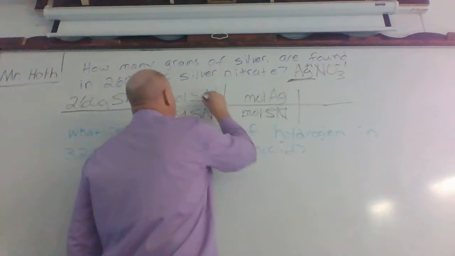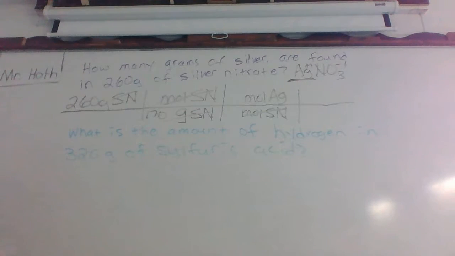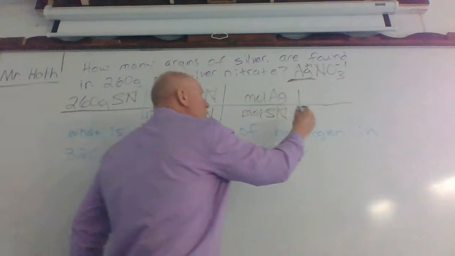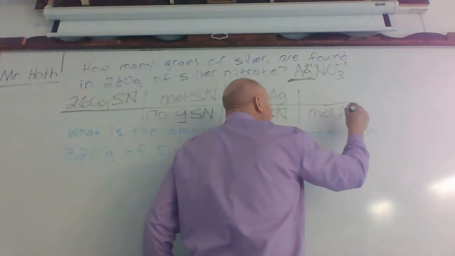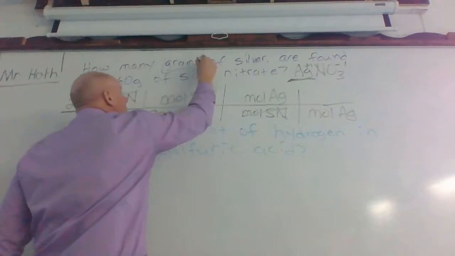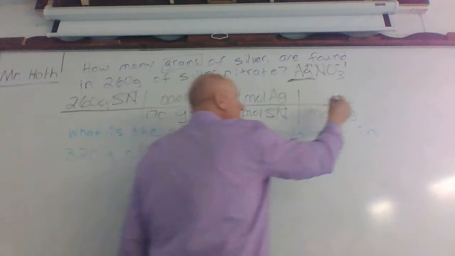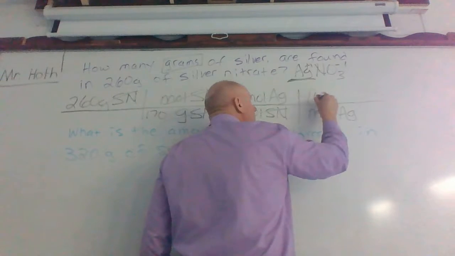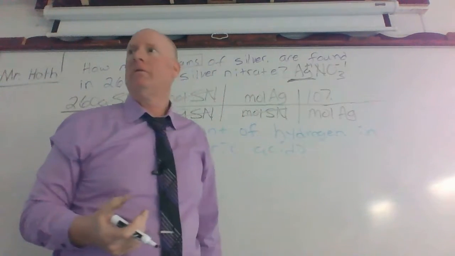Now, these are gone, so we're getting closer. How do we get rid of that mole of silver now? Okay? So if we put a mole of silver on the bottom, what would we put up on top? What are we looking for? In grams of silver, which is approximately, again, is it 107 point, I don't know.